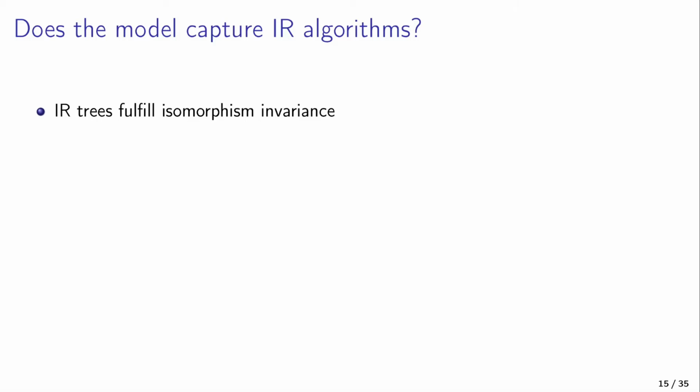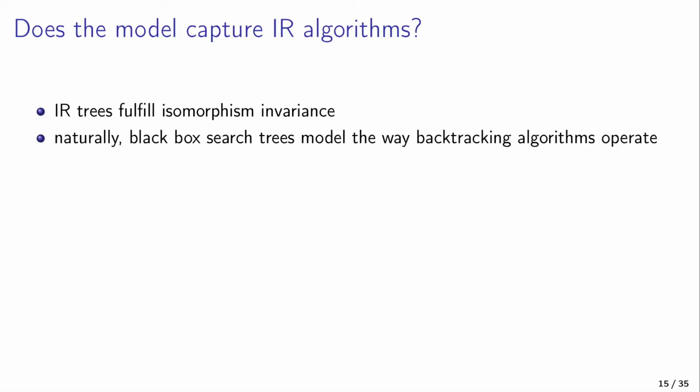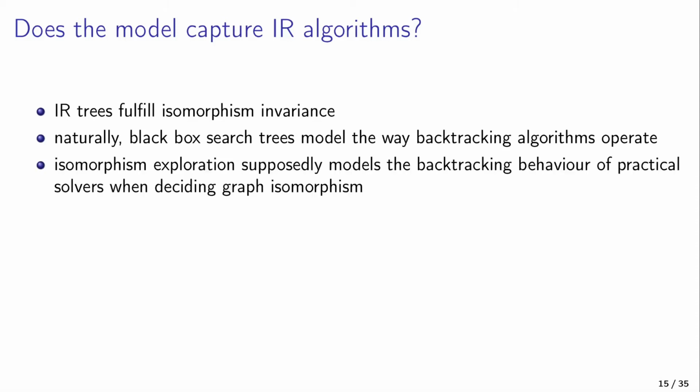First of all, I should stress that actual IR trees do indeed always fulfill the complete isomorphism invariance axiom, so this is a natural restriction that just applies. Also, the way we define the exploration in black box search trees is just a way to define how general backtracking algorithms operate. And so the claim is that isomorphism exploration models the backtracking behavior of practical solvers when deciding graph isomorphism.